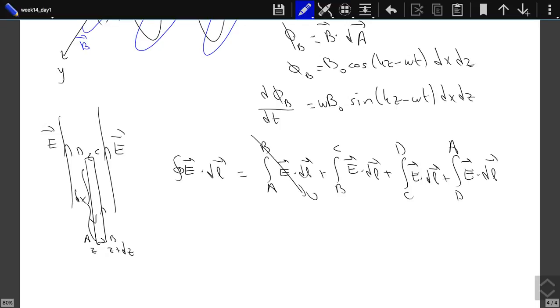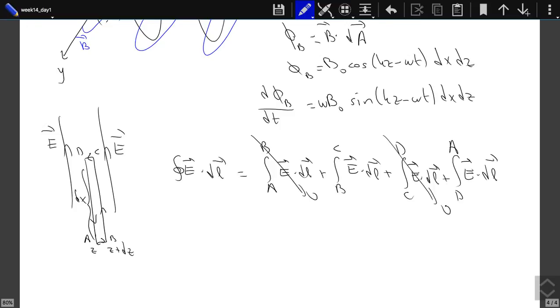They are perpendicular, so it's again 0. Now A to B is 0, C to D is 0. We have these two terms that are non-zero.